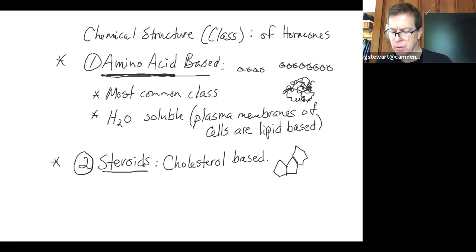There are exceptions to this rule when we classify hormones based on chemical structure. I'm just going to name those and define those for you really quickly. They're not part of number 1 or 2 strictly. I'm just going to put exceptions, meaning they don't fall in the class of amino acid based or steroid based.